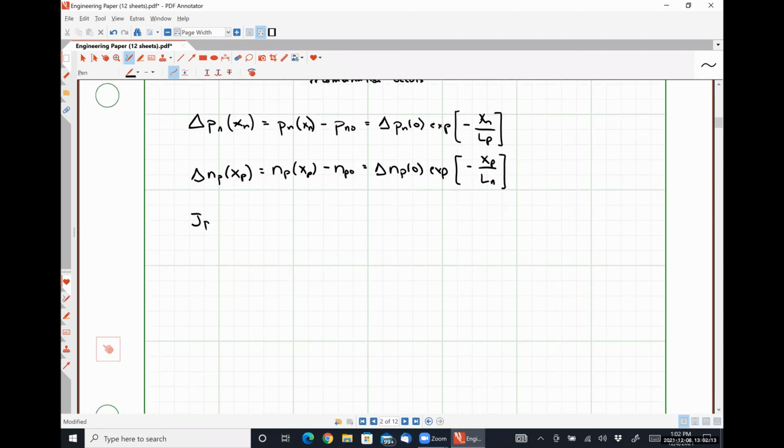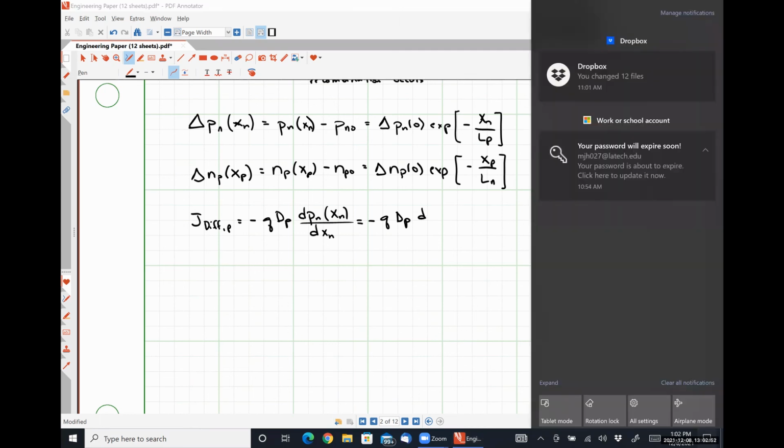So for holes, we're going to have negative q Dp times the derivative of the hole concentration on the N side of the crystal with respect to position on the N side of the crystal, which is the exact same thing as negative q Dp times the difference that I've just defined.